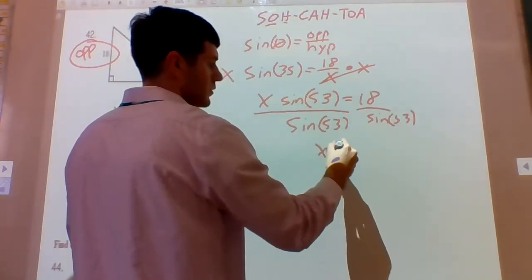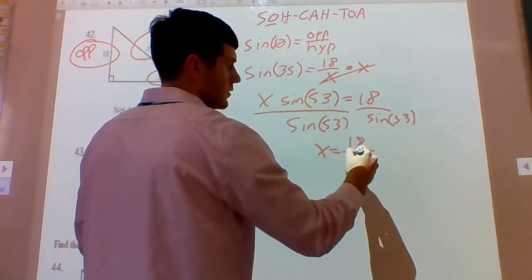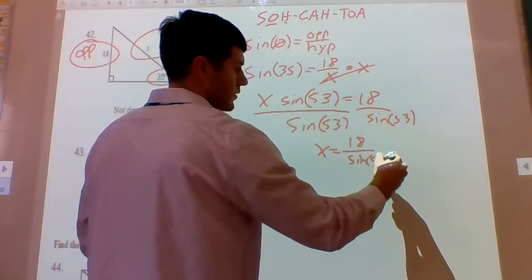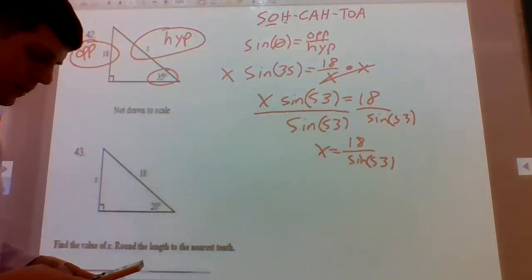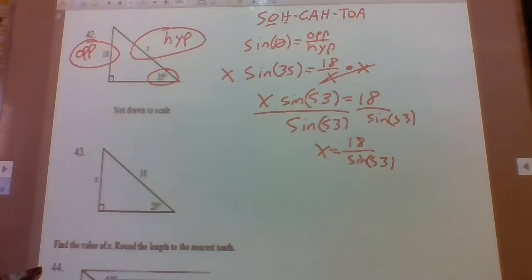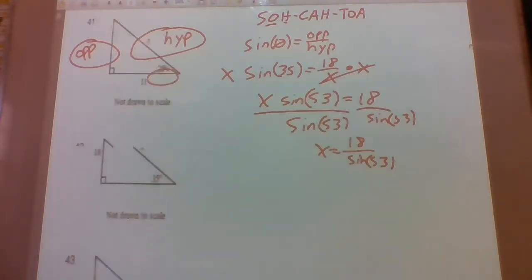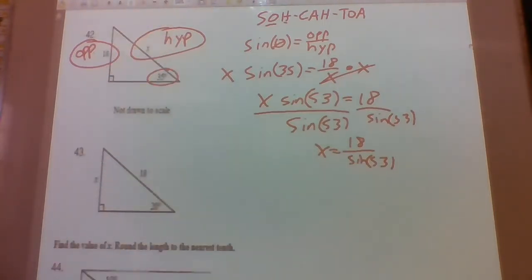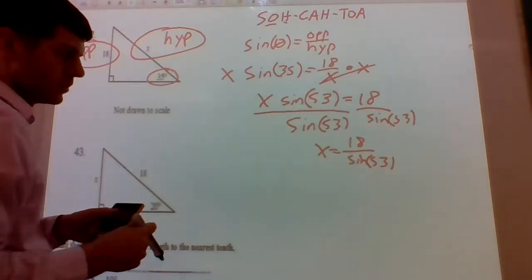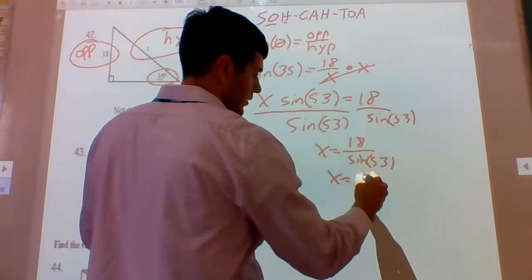So we get x equals 18 divided by the sine of 53, and that is 22.5384. Do we have directions on here about rounding? Yep, round to the nearest tenth place. So I got 22.538, so that's just going to be 22.5.